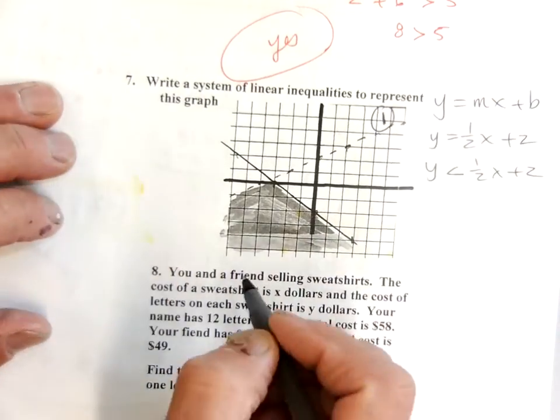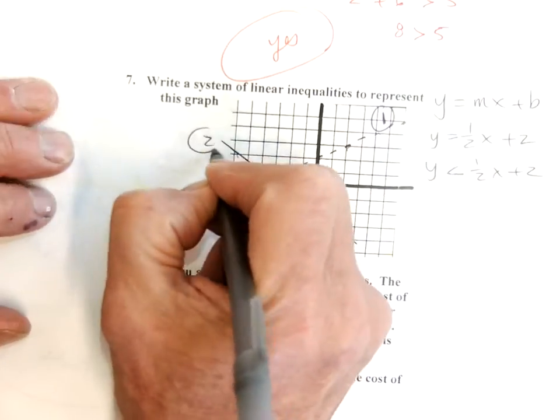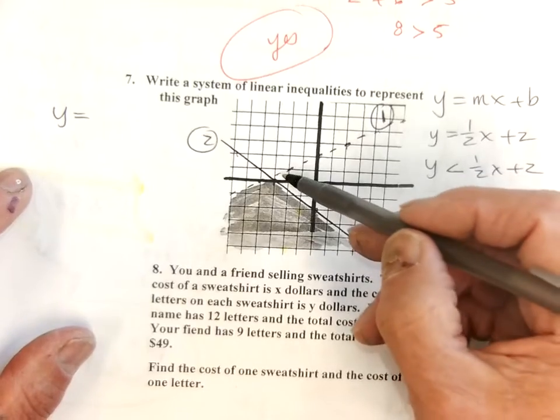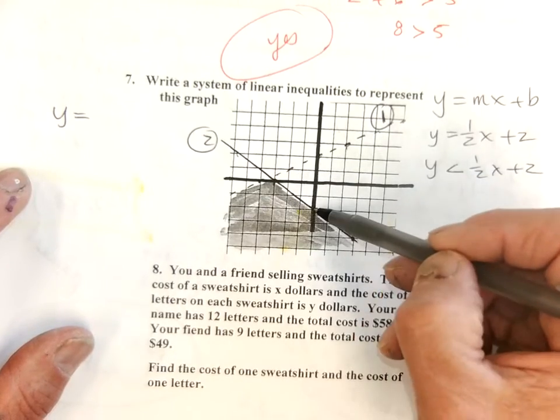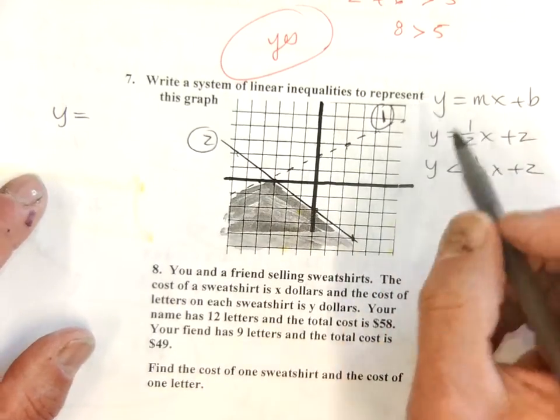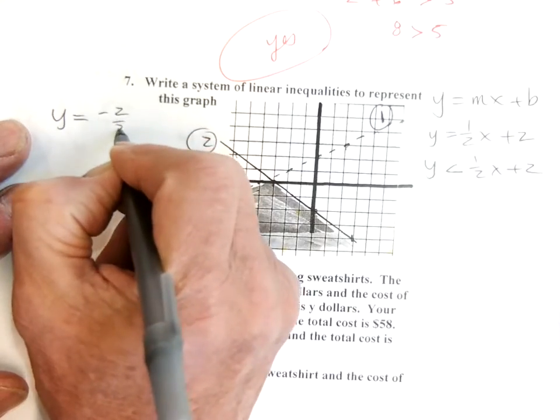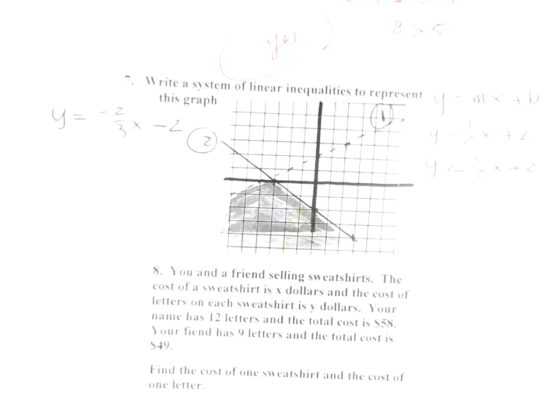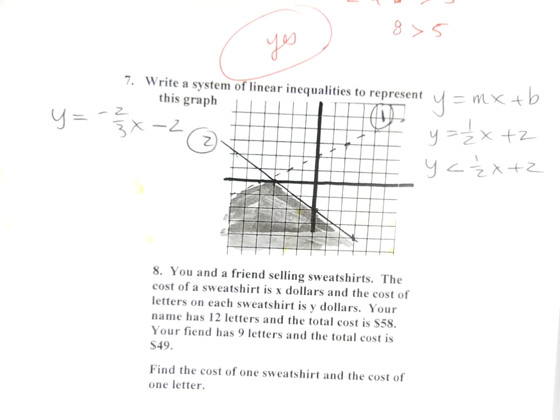Now the second equation, equation 2 is right here. y equals, let's see, looks like it's down 2 over 3, down 2 over 3, plus, whoops, minus 2. Almost made a mistake. Starts at -2, right?